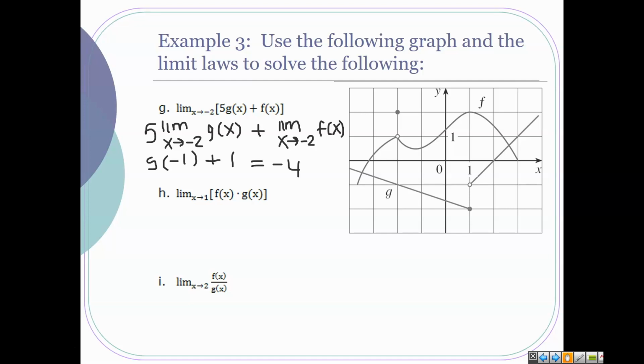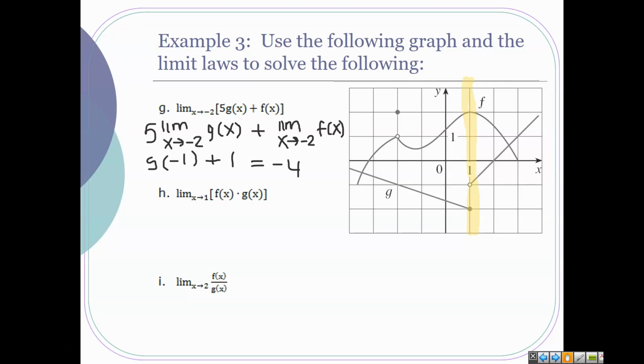In H, the limit as x approaches 1. So now we are concerned with 1. Exactly. So if g fails to exist, then the limit, whether it's being multiplied or not, fails to exist.